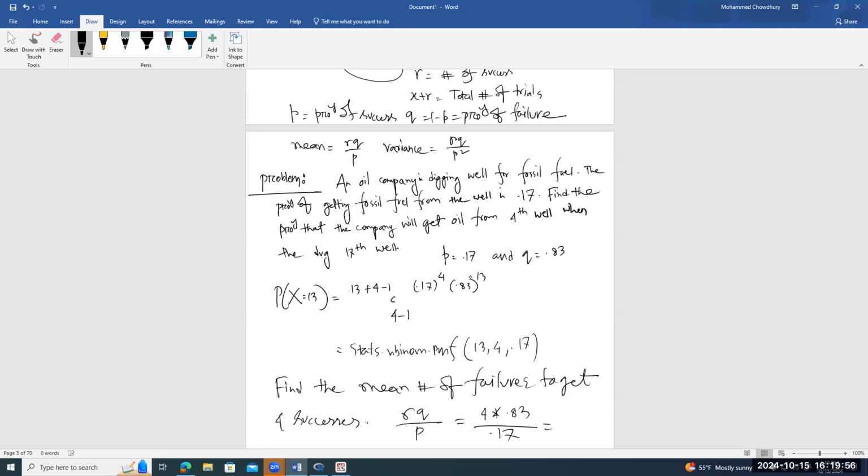Find the mean number of failures to get 4 successes. Yes. This one, right? 19.5. Okay.